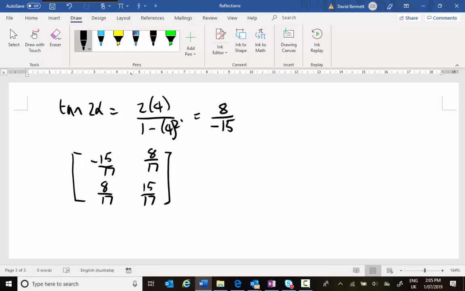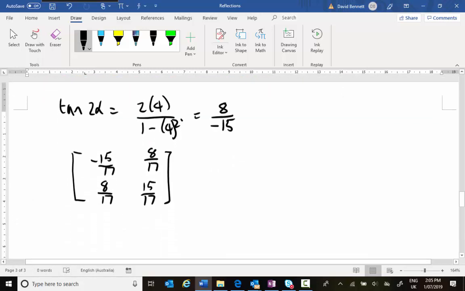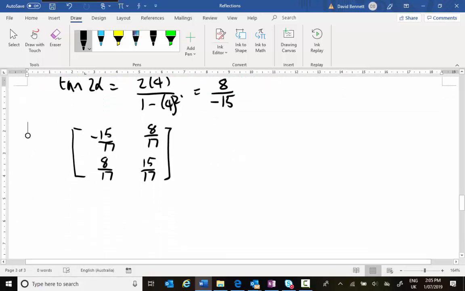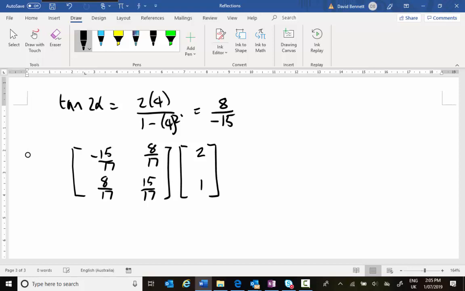Alright, so if we're thinking of a point that we're going to reflect in that particular line, now I could do it with x's and y's, but let's think of a number though. Let's think of a point reflecting in that line. So if I had the point 2, 1 put into that line there, then what am I going to get as my answer?